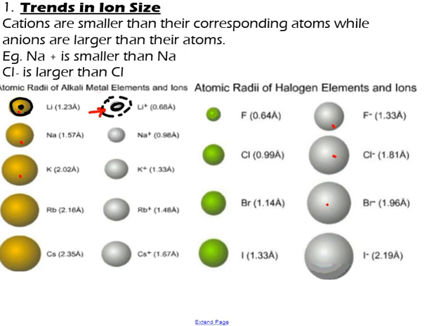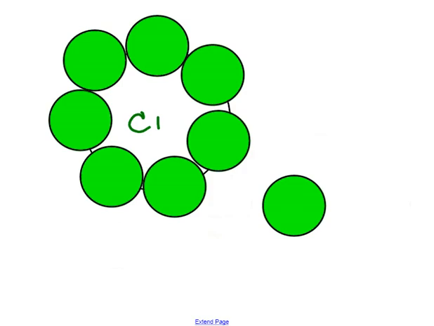As you form an anion, you actually become bigger. Now, you're not becoming bigger because you're adding more rings, but you're becoming bigger because you're causing the electrons in that outermost ring to have to spread apart a little bit. Consider for a minute that chlorine atom wants to become chloride ion. We can see that there are 7 electrons in its valence ring. So this would be the 3rd ring out, its outermost ring, its valence ring.